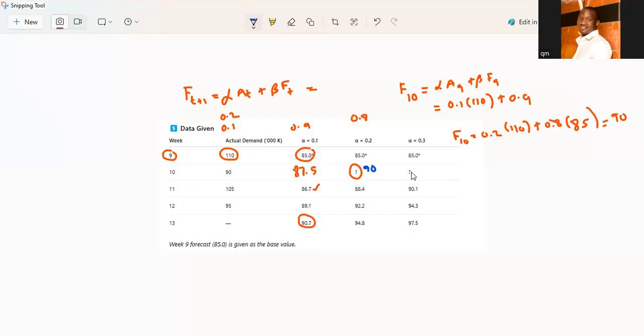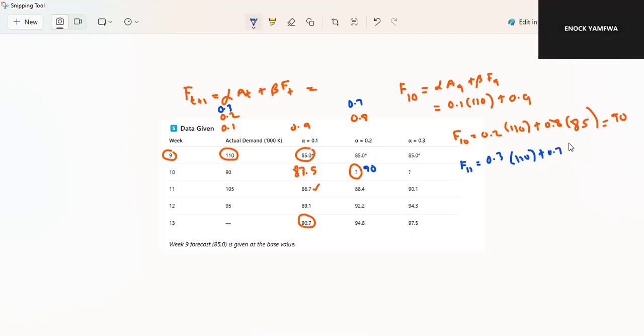Can somebody try the forecast for this period under 0.3? What computations do we use? The forecast for week 10. So the 0.3, you bring it here. What is the remainder, the beta for 0.3? It is 0.7. So you put 0.3 against 110, then 0.7 against 85 again.